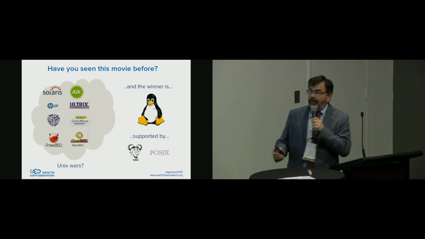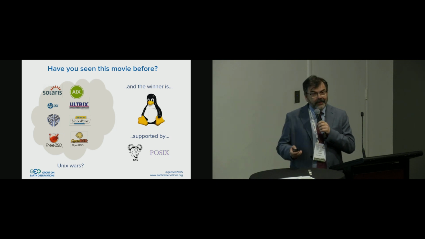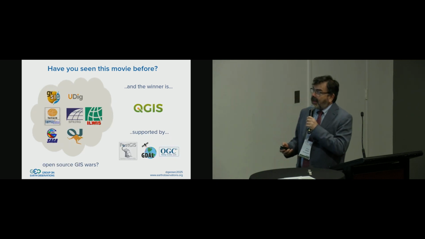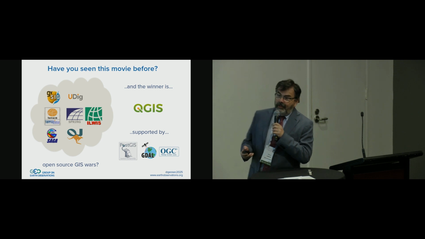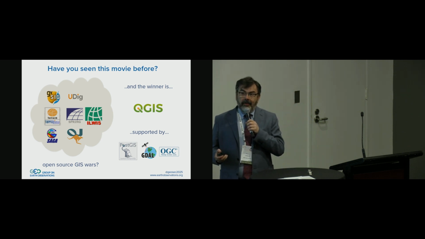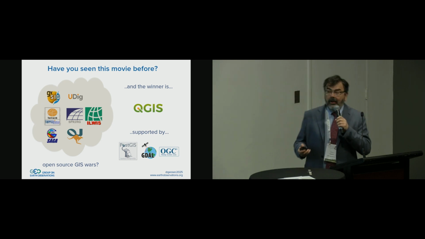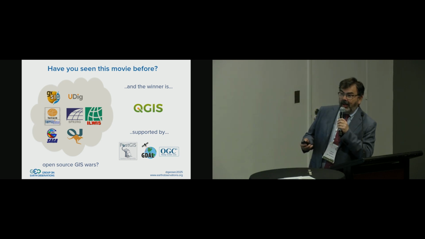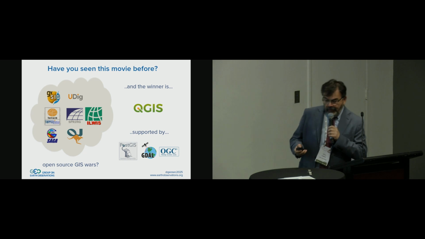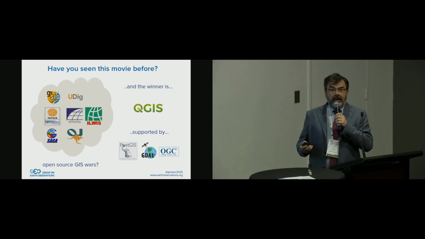Everybody uses Linux. There was a time there were lots of open source GIS competing for your attention, and now it's gone. Everybody uses QGIS. So there was this convergence of technologies that happened.